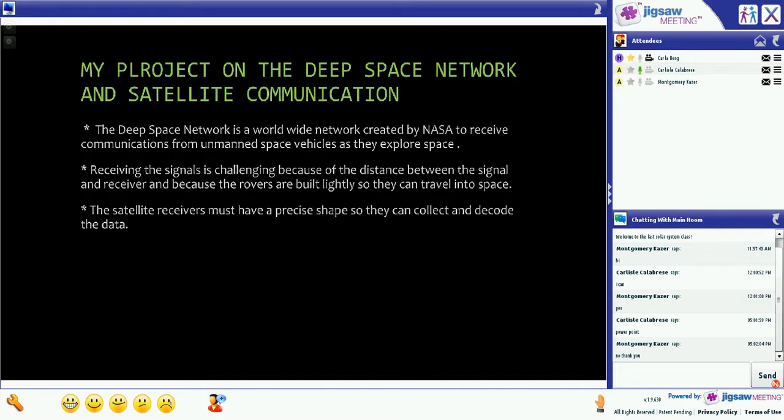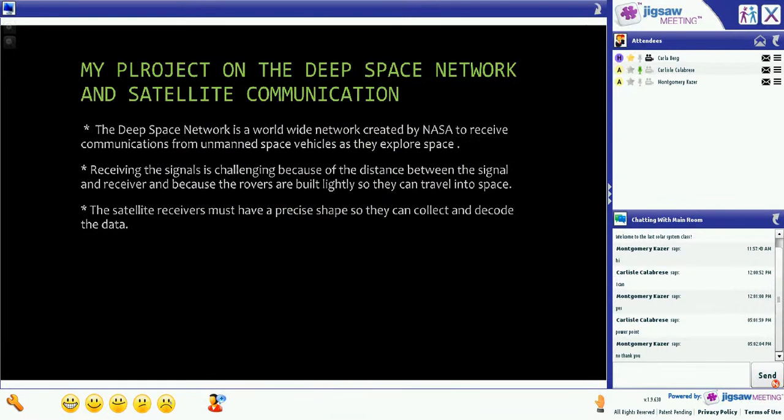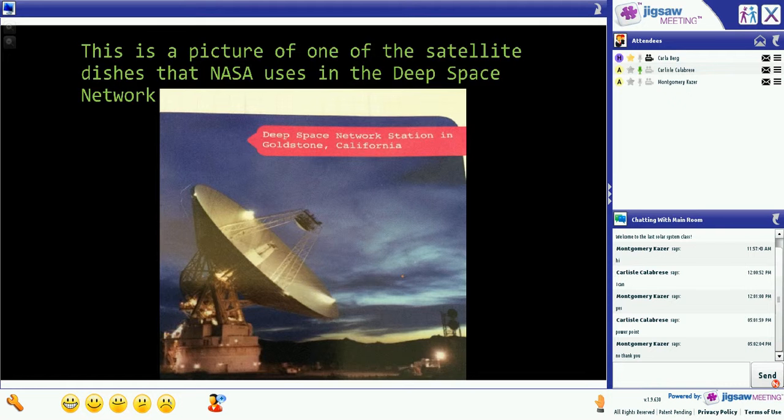Power is a challenge because space vehicles must be lightweight to travel in space, and therefore they emit a low power frequency signal that is hard to pick up, like these. To combat these challenges, NASA has made sure that the receiving dishes in the network are very large and all precisely shaped.